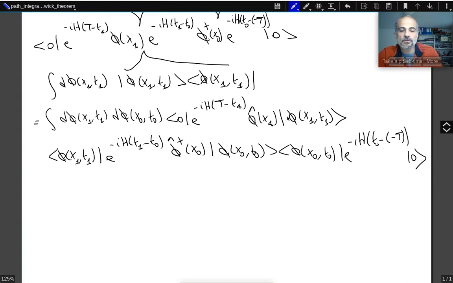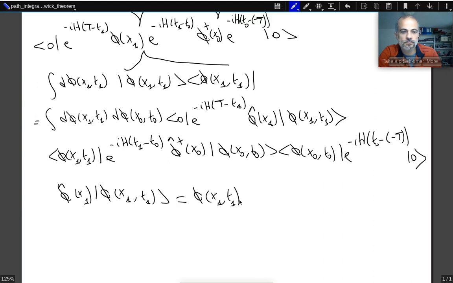Now, I can use the fact that phi hat x1, this operator acting on this state, will just give me phi of x1 t1, and similarly over here, this operator acting on this ket will just give me the number phi x0.